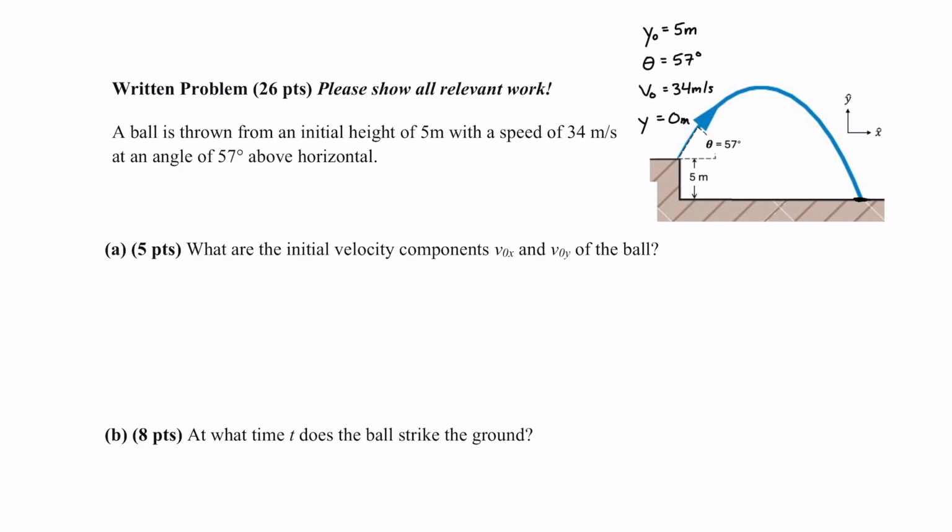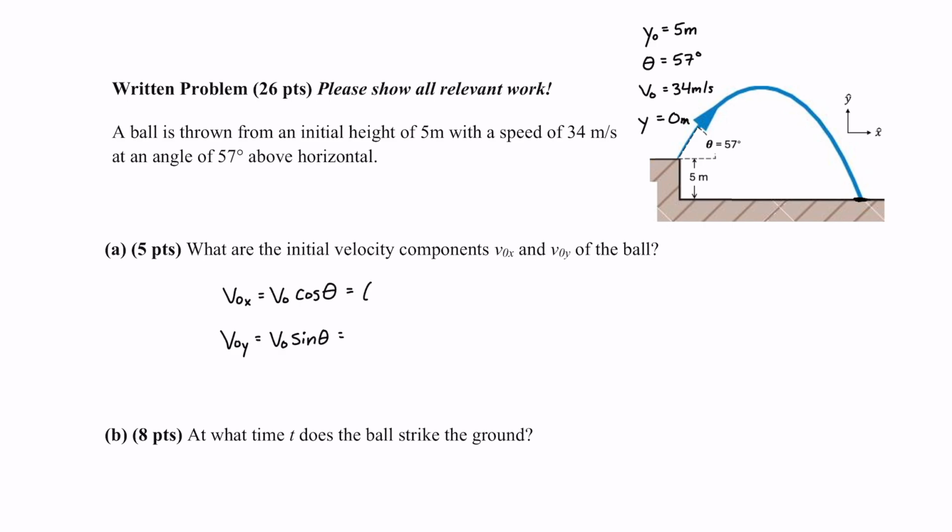Part A asks us to find the initial velocity components of the ball. We can find these using sines and cosines. The x initial velocity can be found from our initial velocity multiplied by cosine theta, and the y initial velocity can be found by multiplying the initial velocity by sine theta.